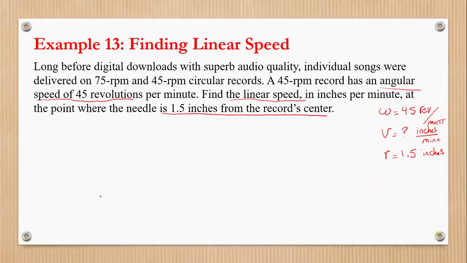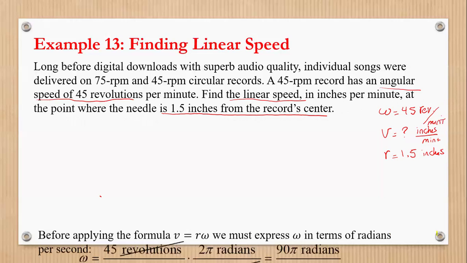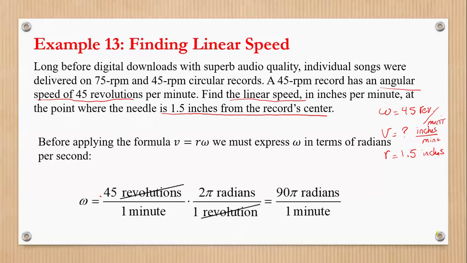We have the formula. The formula says that V is r times omega. But if you want to replace a number for omega, the angular speed, you need to make sure that the units match the units that you want to find for the linear speed and the radius.